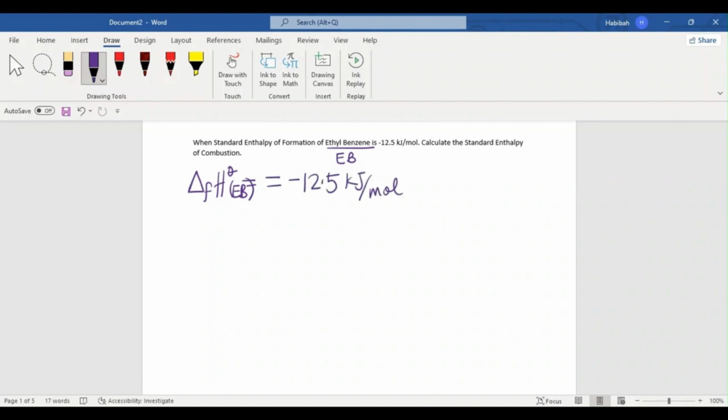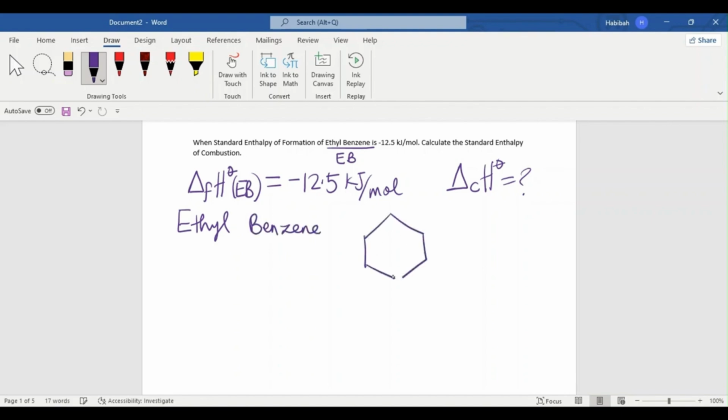Now we're asked to calculate the standard enthalpy of combustion. One thing you have to note is that a combustion reaction occurs whenever a molecule is reacted with oxygen. This was taught to you in your Gen Chem classes, and now you're going to apply that information to this PChem course. Ethylbenzene has a structure that, even though it's not exactly what we need in this question, will help you anytime you're not given the actual structure or molecular formula.